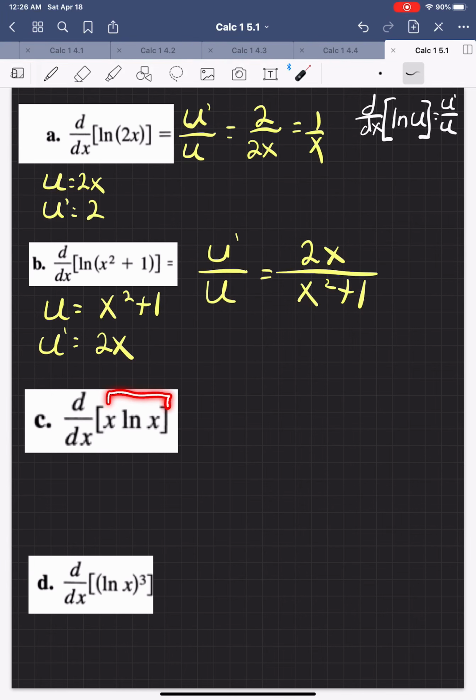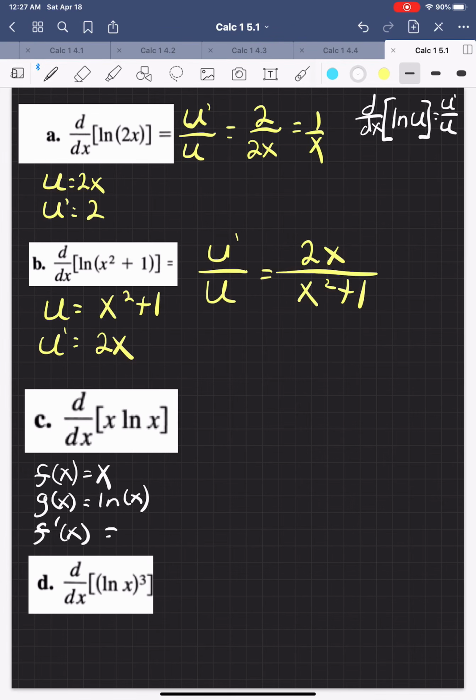Okay, well, let's do this here. Now, this is a product, so we got to be a little bit careful here. So just revisiting our product rule. If we let f of x equal x, and we let g of x equal ln of x, well, then you would need f prime of x, and you would need g prime of x.